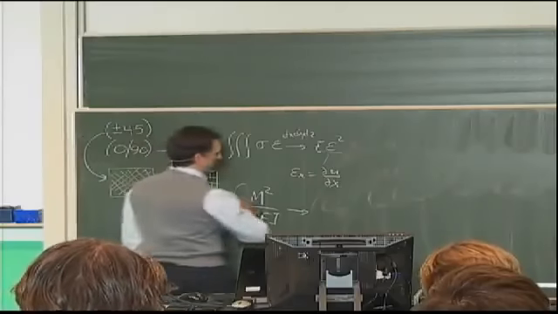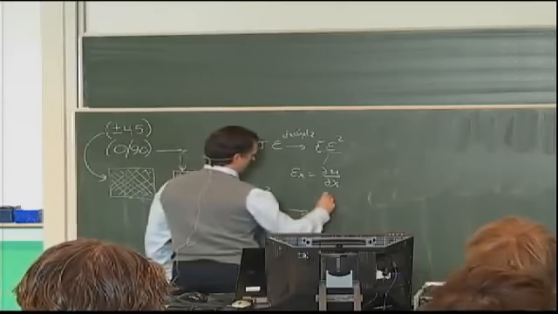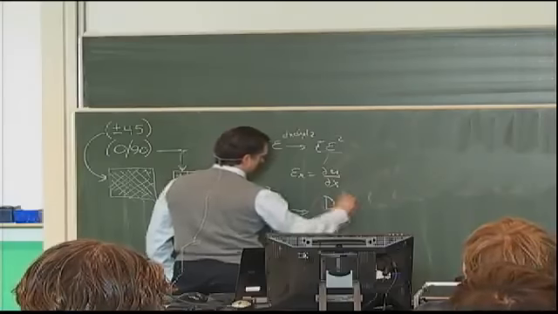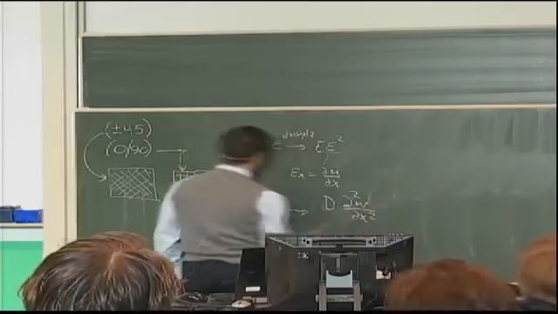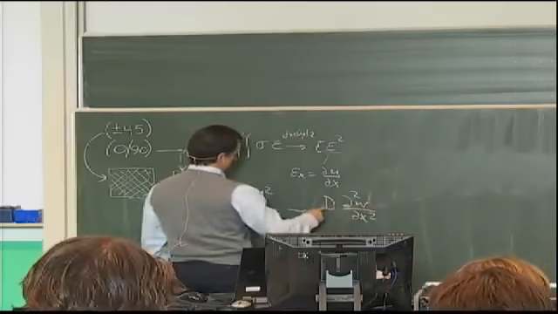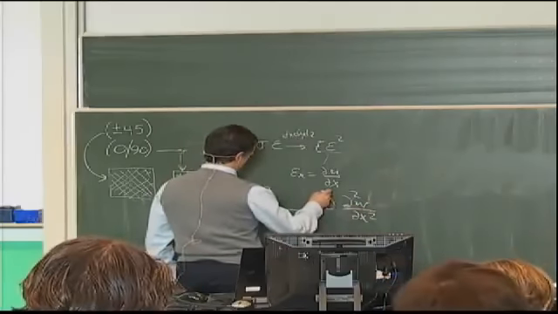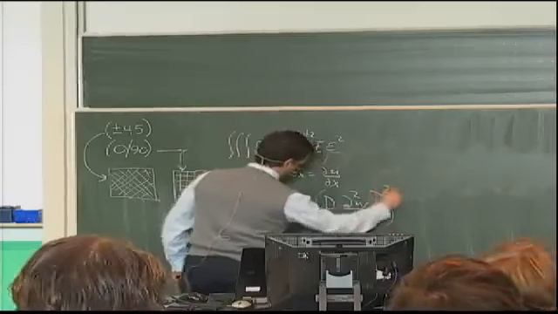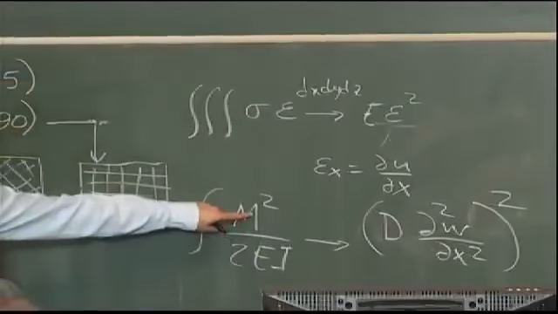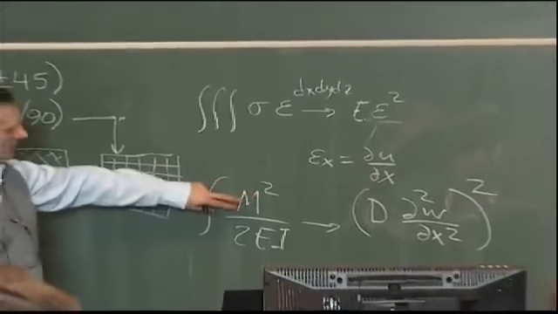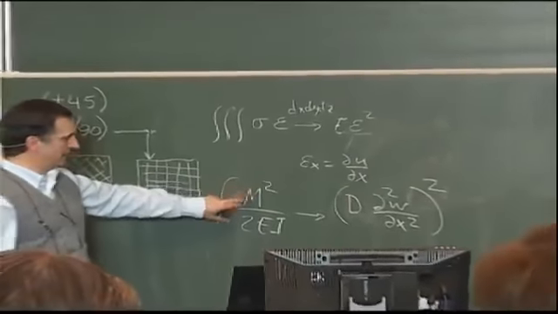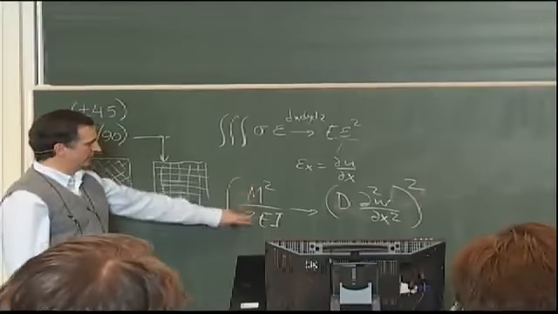Or instead, I can write my moment as a D times d2w dx squared term. Moments like Mx is D11 d2w dx squared with a minus sign and so on. So from isotropic materials, we know that the energy would involve terms like this.